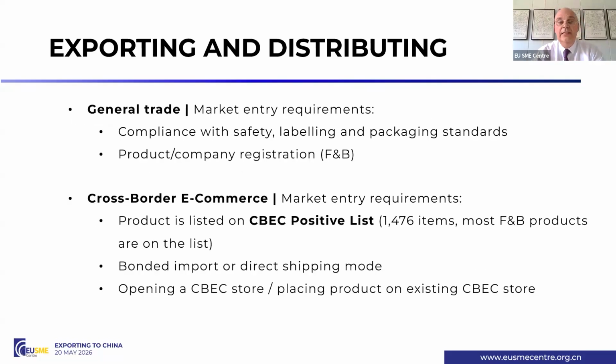So general trade, this is the traditional way to do things. You need then to be compliant, to conform to standards. All the things that I mentioned up to now, you need to conform to that in order to have no problem at the customs and to have your product available for the prospective buyers here. In some cases, for example food and beverage, it means also you need to register your company and your product on a specific database called CIFER.